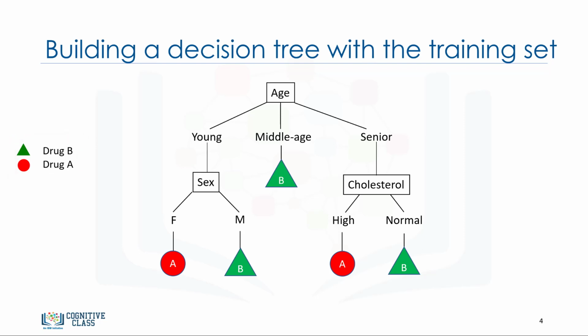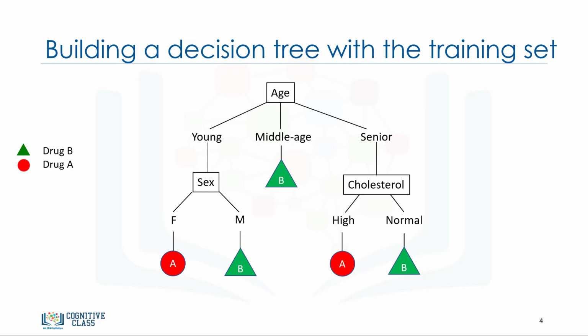We start with age, which can be young, middle-aged, or senior. If the patient is middle-aged, then we'll definitely go for drug B. On the other hand, if he is a young or a senior patient, we'll need more details to help us determine which drug to prescribe.